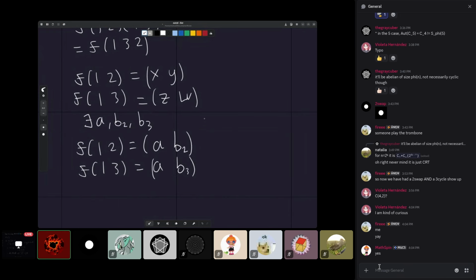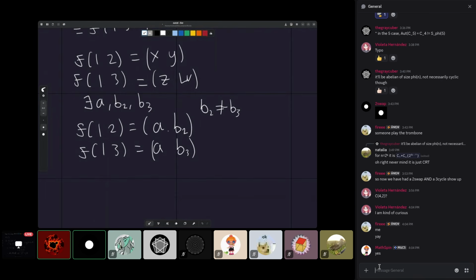And this also shows B2 is not equal to B3. Otherwise they'd have 2 things in common, and the product would not have order 3, which we know it does. Are we all still following? And A is also not equal to B2 or B3. That's right, nitpick, yes, we've got that as well. Correct. Okay.